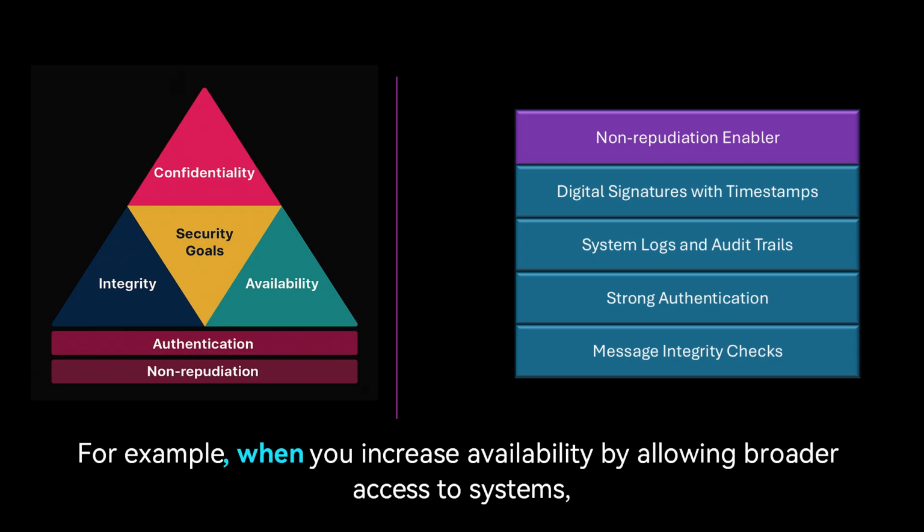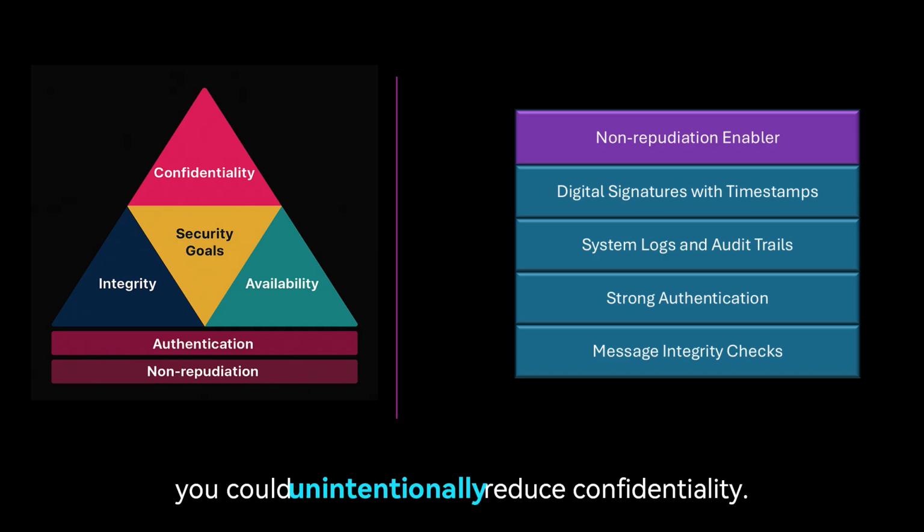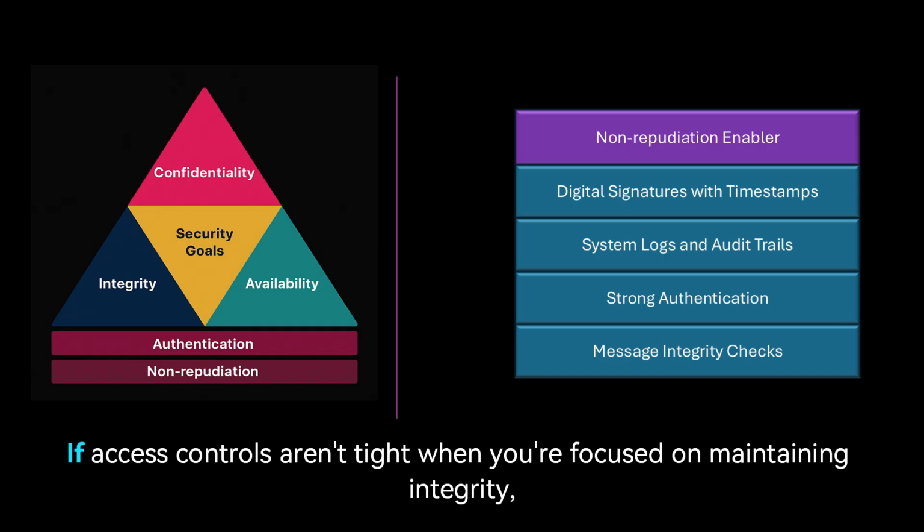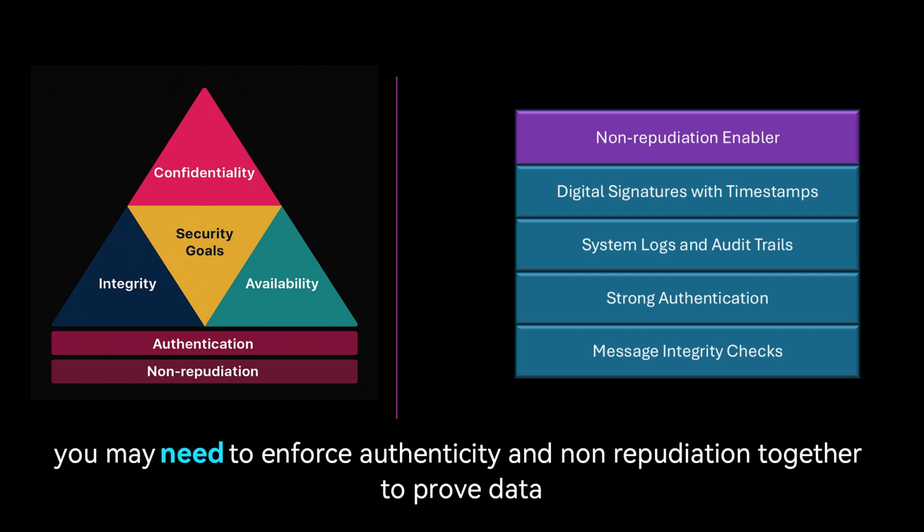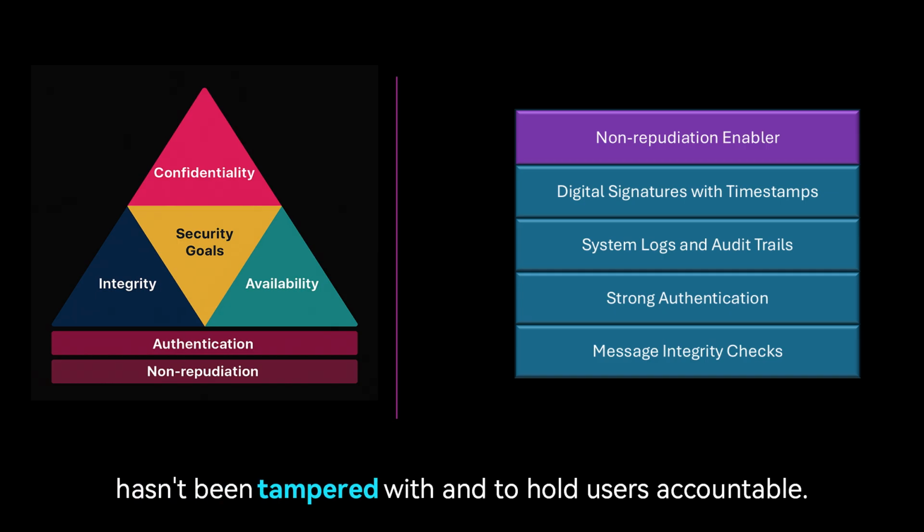For example, when you increase availability by allowing broader access to systems, you could unintentionally reduce confidentiality if access controls aren't tight. When you're focused on maintaining integrity, you may need to enforce authenticity and non-repudiation together to prove data hasn't been tampered with and to hold users accountable.